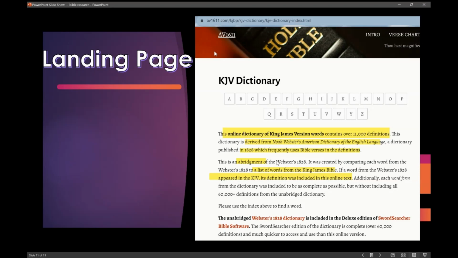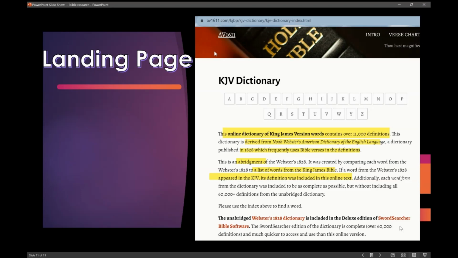So that's a very interesting condensation, if you will, of the Webster's Dictionary. Additionally, each word from the dictionary was included to be as complete as possible without including all 60,000 definitions from the unabridged dictionary. Okay. And then it says, please use the index above.